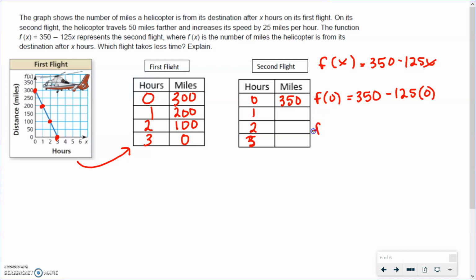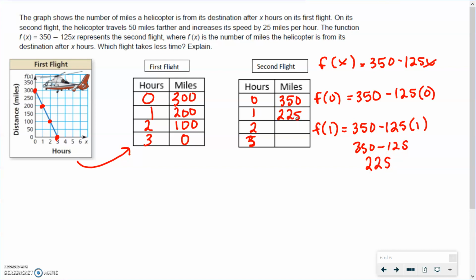So then we'll do f of 1. After 1 hour, it's going to be 350 minus 125 times 1. So 350 minus 125, which is going to be 225. Again, use your calculator for that.